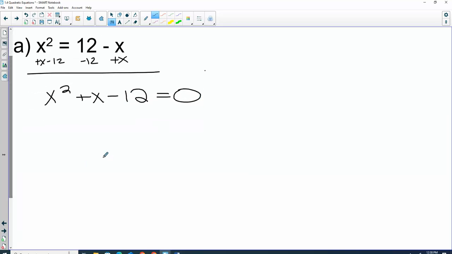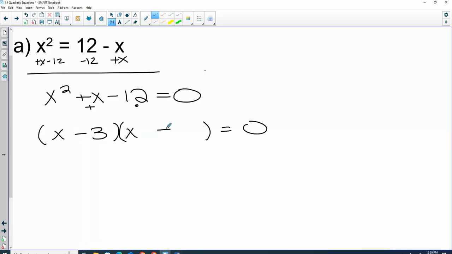And then what do we do? Factor. Do you guys remember your factoring? Hopefully. X squared breaks into x and x. We need 2 numbers. Multiply to a negative 12 and add to a positive 1. What would that be? Negative 3, positive 4. And now what?